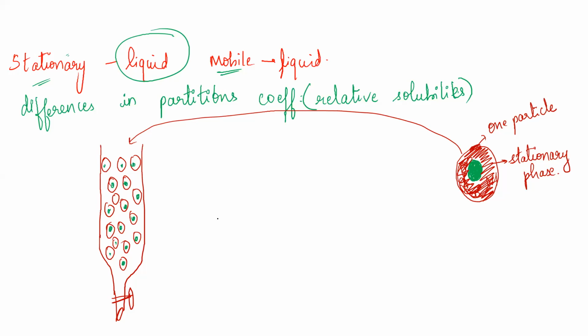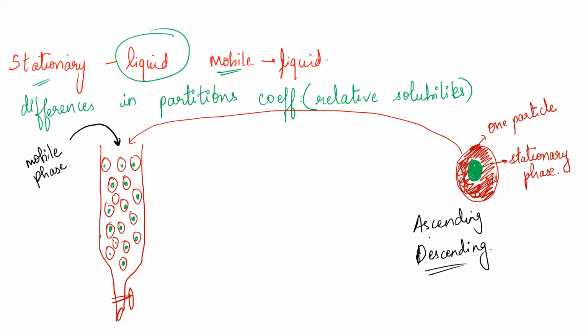Now, when you pack this with your stationary phase, you will have to add your mobile phase. See, this is something very different from paper chromatography. Even in paper chromatography, there is ascending and descending paper chromatography. What we saw in the video a few minutes ago, what was that type?